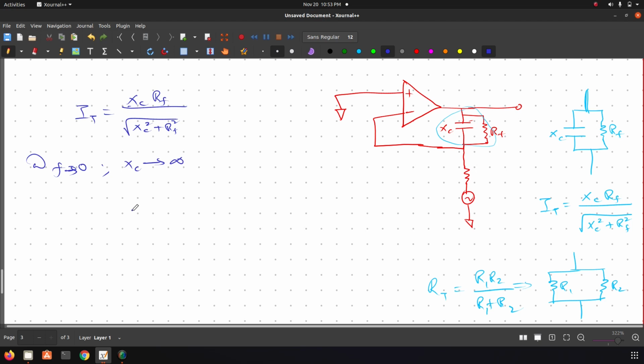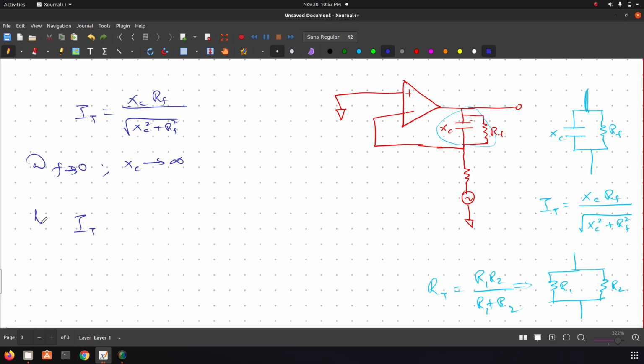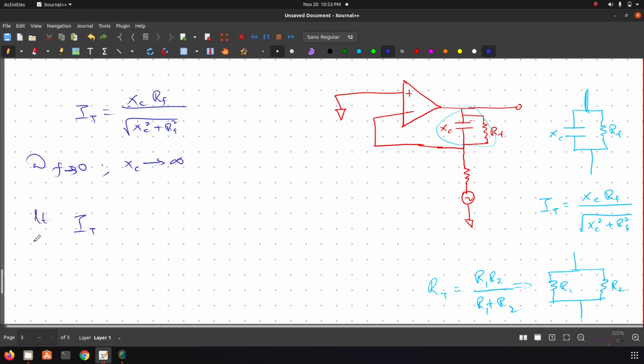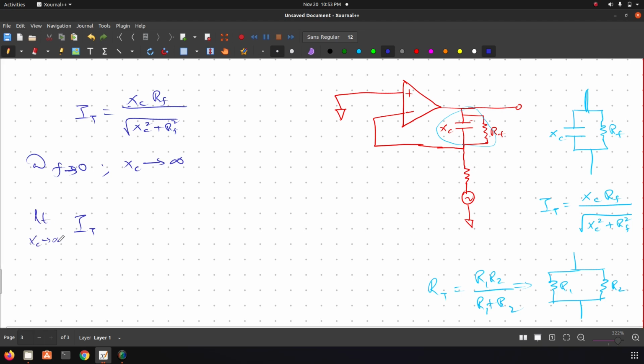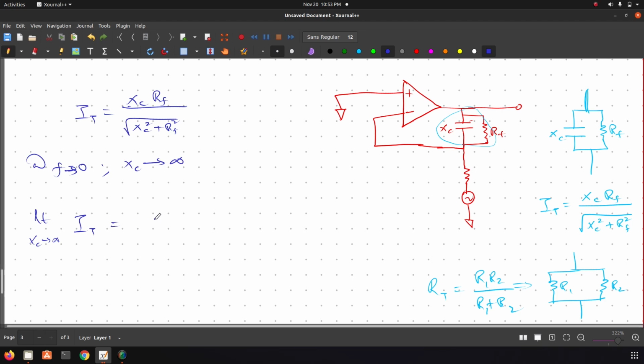So, IT in the limit XC tends to infinity, we can write XC RF divided by, we can take this XC outside.